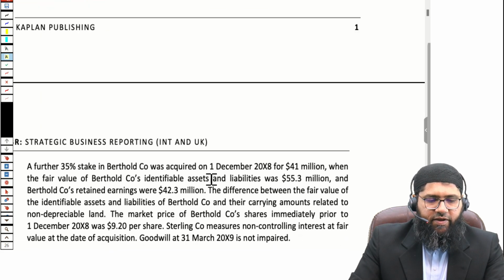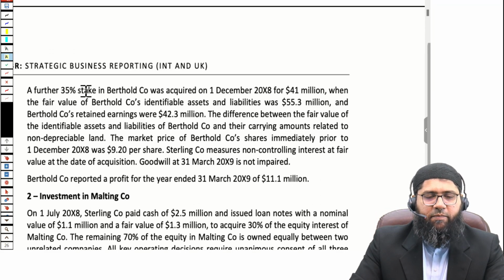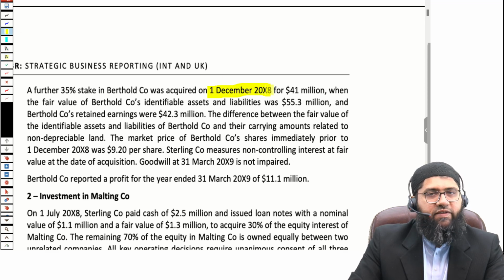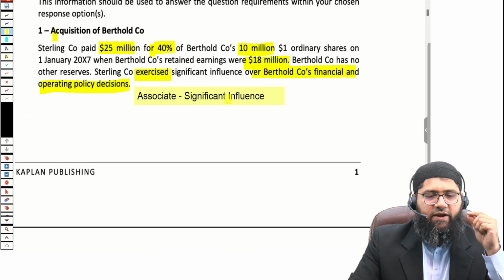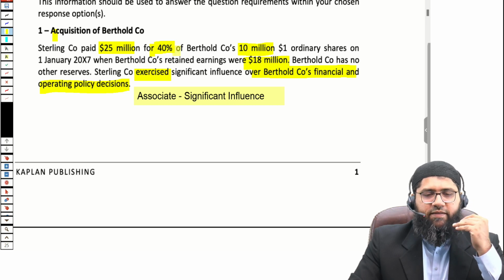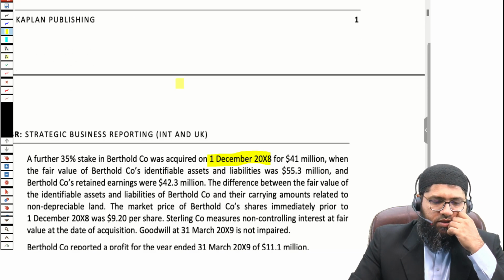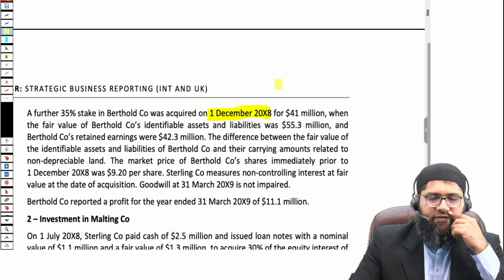Now what next is there? It says a further 35% stake in Birdhold was acquired on 1st December X8. So you originally had a 40% shareholding, then you acquired another 35% stake, so it became 75%, for $41 million, when the fair value of Birdhold's identifiable net assets was this, and retained earnings were this.